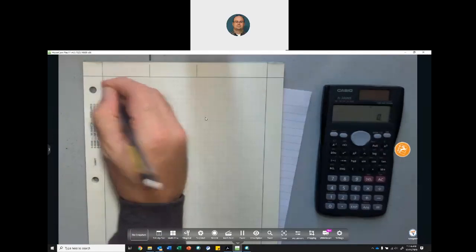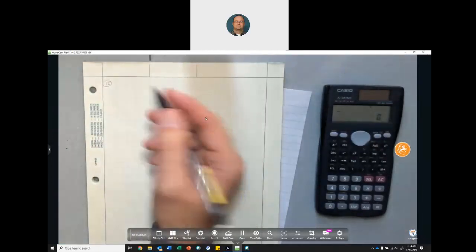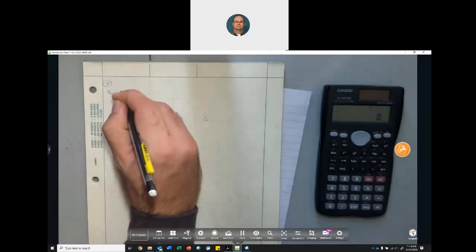Okay, number 12, a 3 cubic foot container, so 3 cubic feet. Is that a total volume? Yes. So V_T, write down what the problem is giving you.